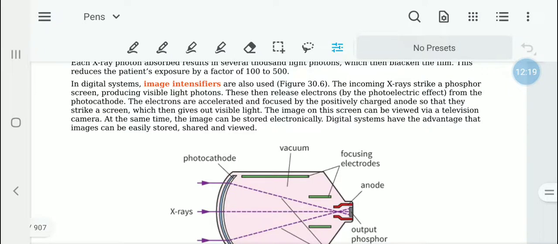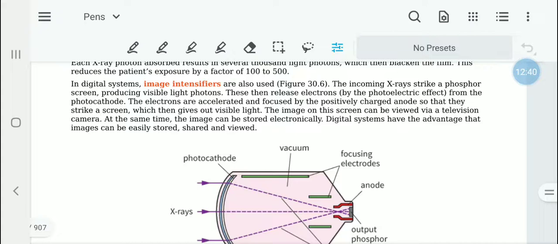Leave a line and write, in digital systems, image intensifiers are used. When X-rays strike the phosphor screen, they produce visible light photons.